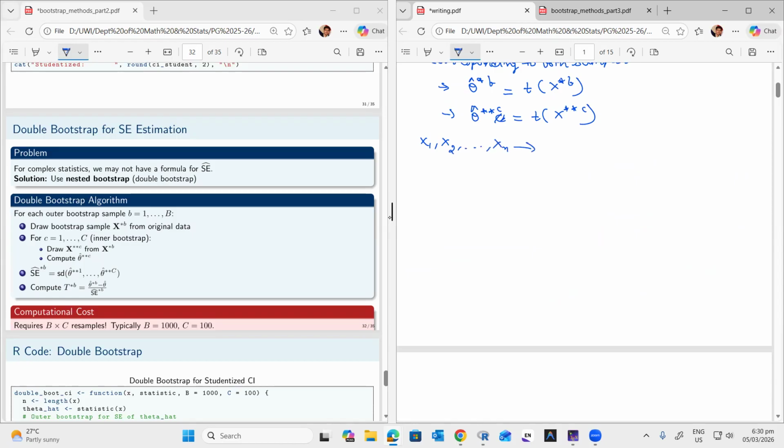With this original sample, we generated new samples of similar size: x1 star 1, x2 star 1, and so on up to xn star 1, then x1 star 2, x2 star 2, and so on up to xn star 2, and so on, up to x1 star capital B, x2 star capital B, and so on up to xn star capital B. That's how we were generating the random samples.